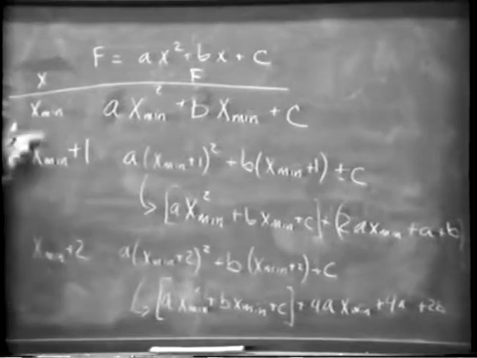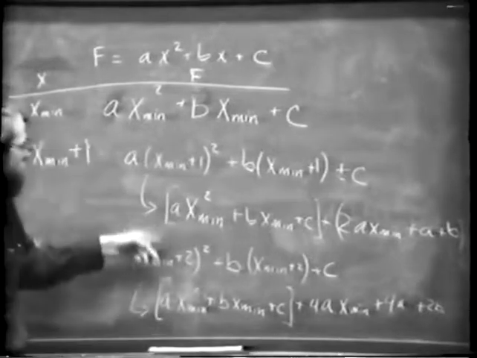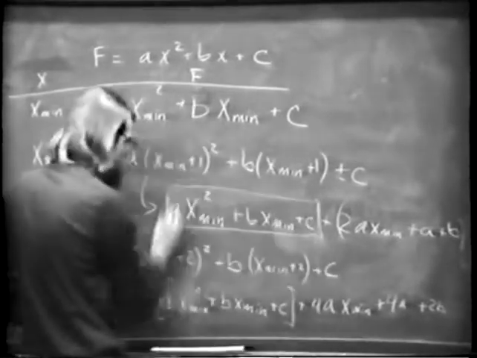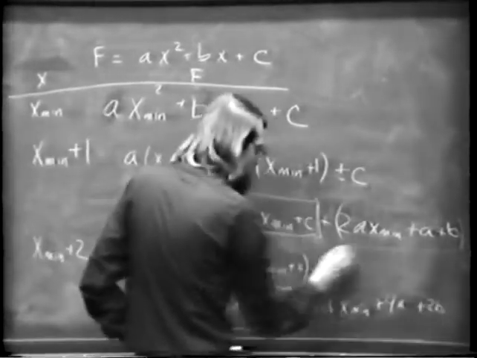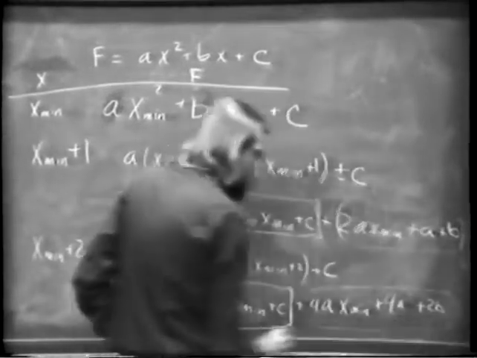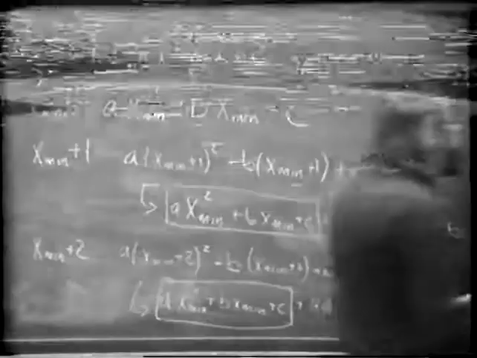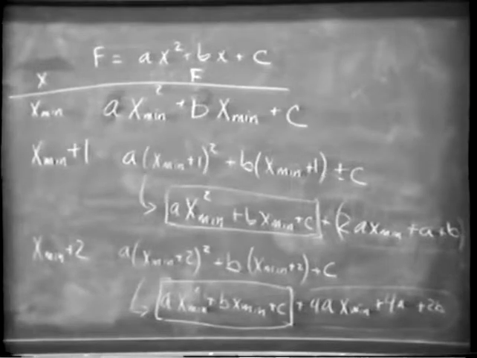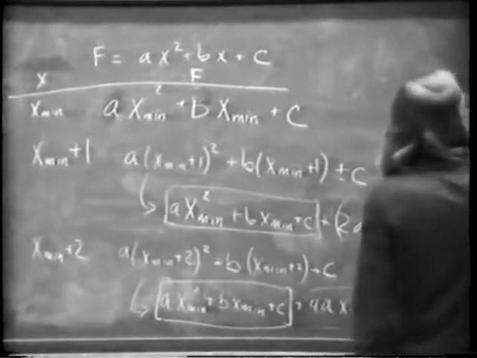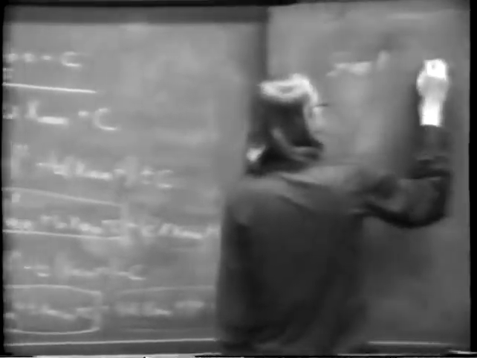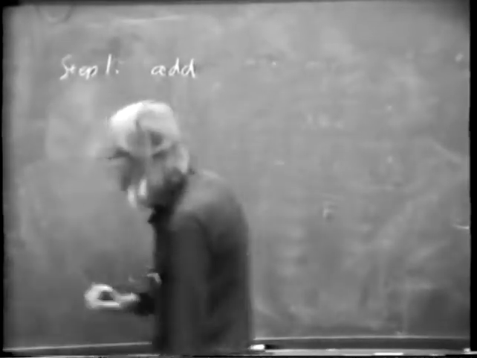Okay, the basic idea here is as we're stepping across in x, you can see that the value of this thing always includes the initial value we started out with, like this, right? And then this term here is going to be basically linear in x. If we take, say, the difference between the first and the second term, in order to get from here to here, we can just add 2a x min plus a plus b.